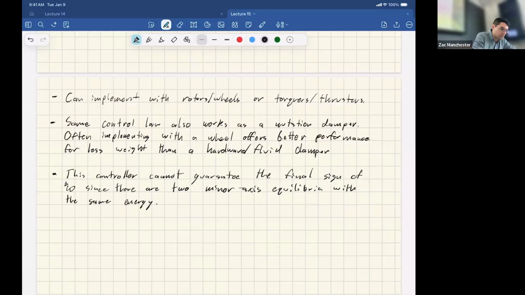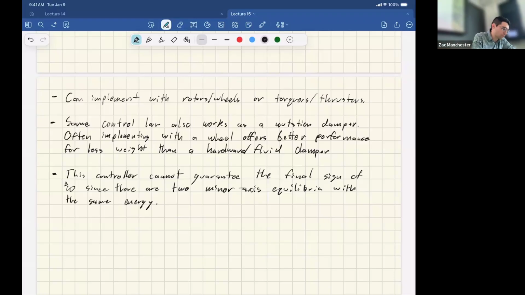So for thrusters, we'll write tau sub T for thruster, in the body frame. And we're going to have a sum over the number of thrusters. Really what we're just going to do is it's R cross F is torque, right?